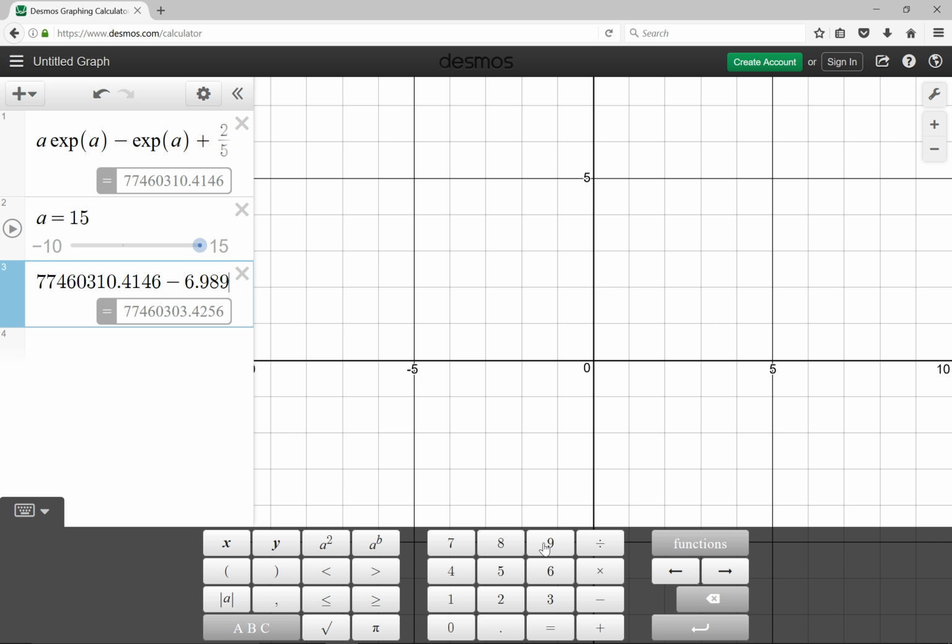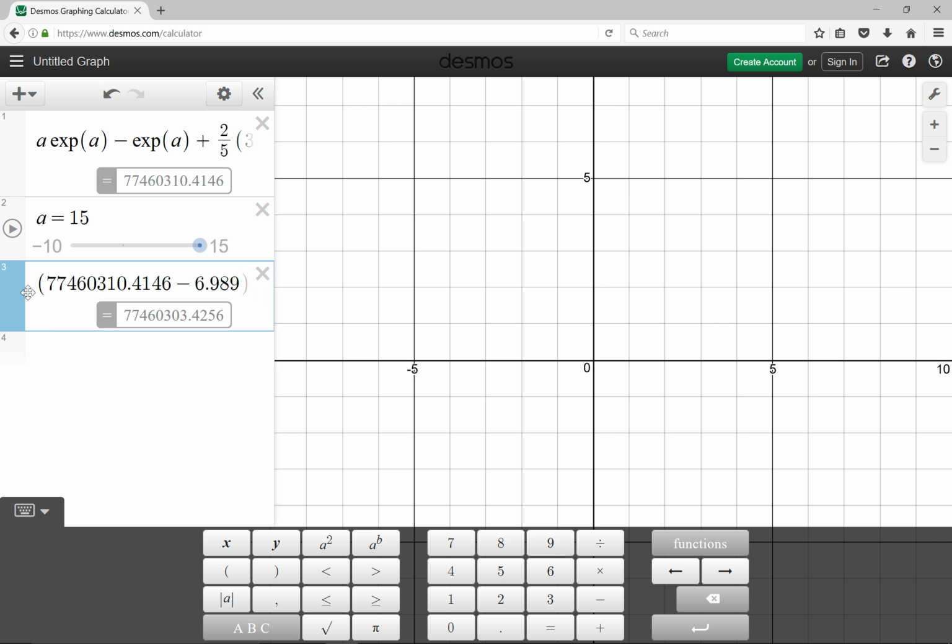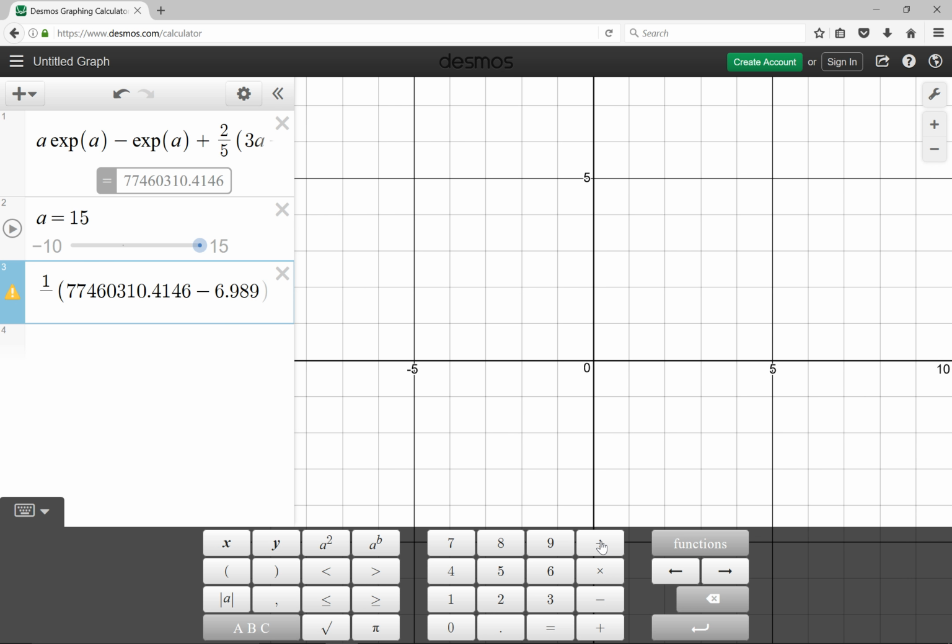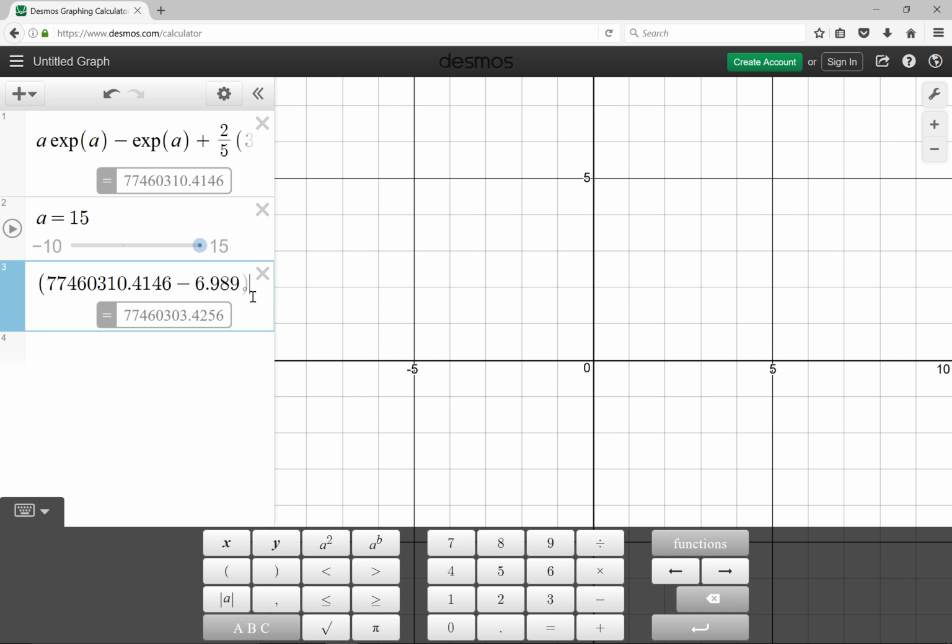So it's 1 over 7746.0303.4256. That's cool. And when you do 1 divided by that, you get, oops. Well, we can do it that way too. We'll do it this way.